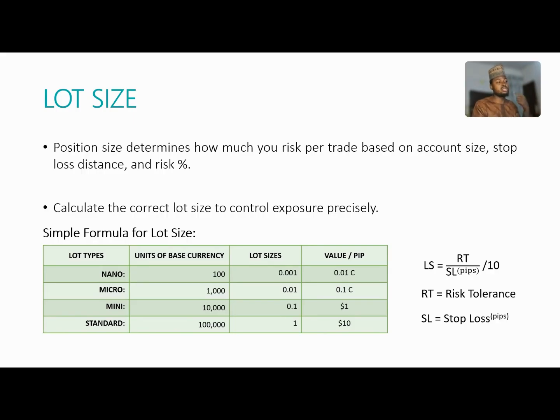Imagine your account is just $10, and you put this one lot. Just one movement will wipe out that money, and just one movement in your favor will give you times two of what you have.